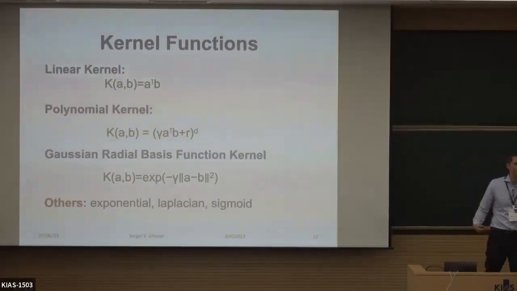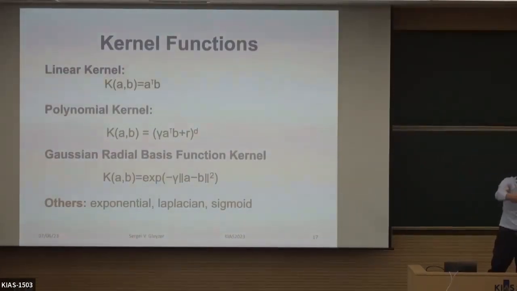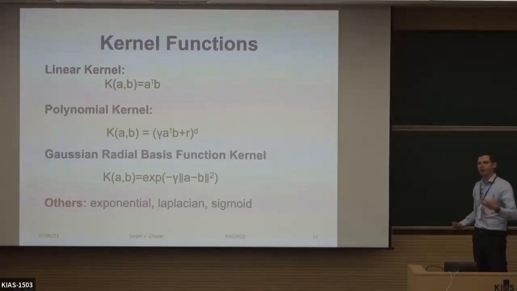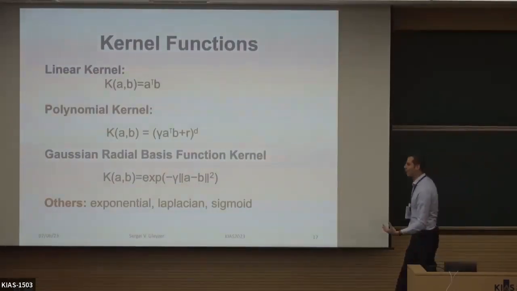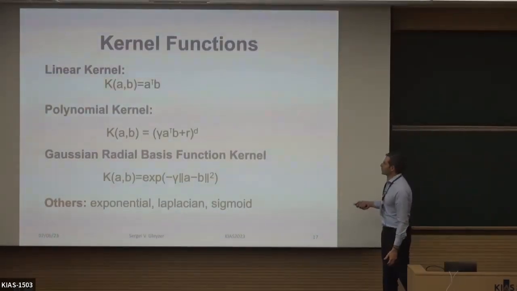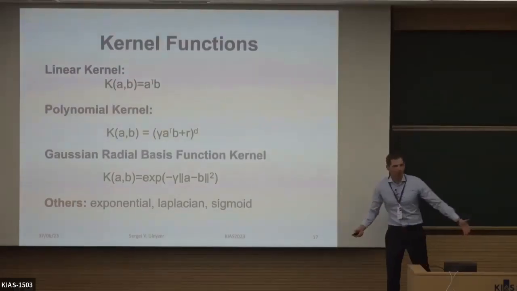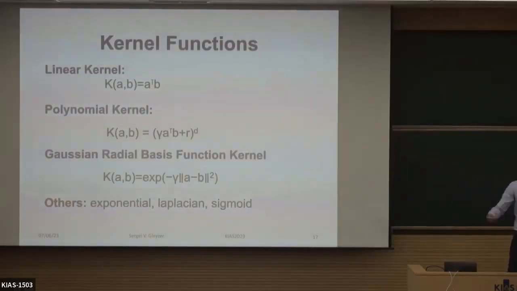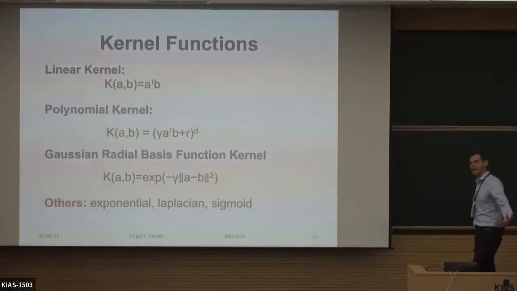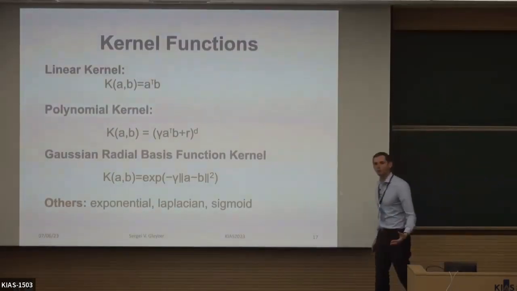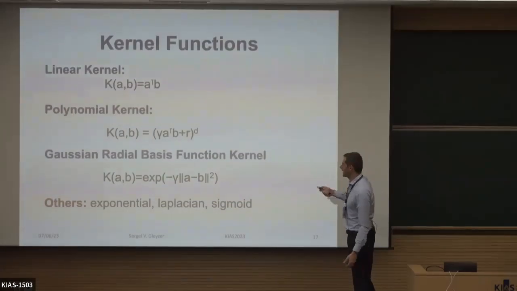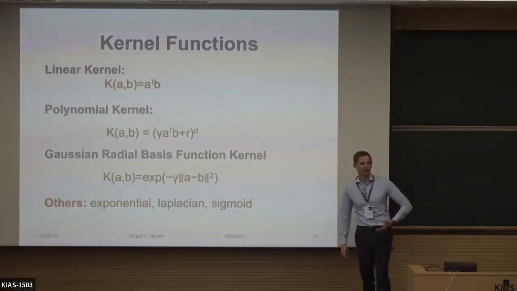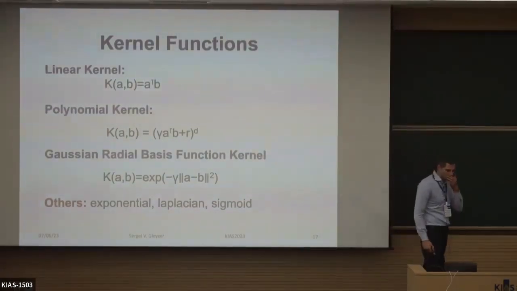Your understanding of where your data lives in this high dimension plays a role. So this trick is wonderful, but it doesn't really tell you everything. There's no free lunch, and that, of course, extends also into the quantum world. You have to make an ansatz, and based on that ansatz, your performance will change.